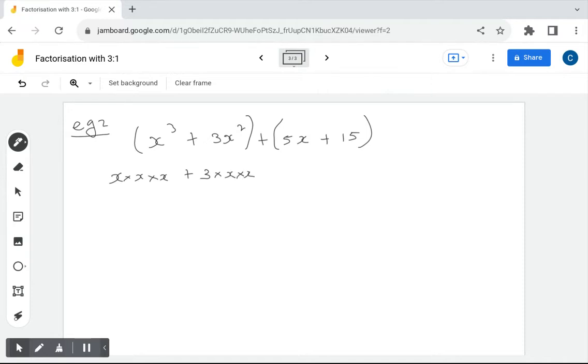Because x squared is x by x and x cubed is x multiplied by x multiplied by x. So you see that what's common is x squared. So we factor out x squared, and we write what is left in brackets. So it'll be x plus 3.